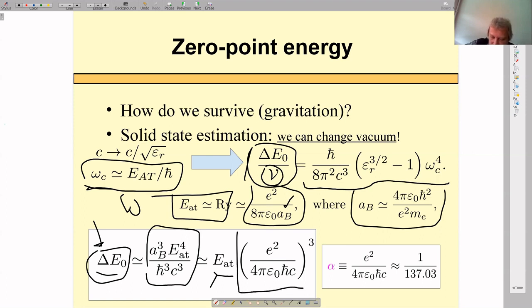There is a factor between these two. So zero-point energy is much smaller than atomic energy. And there is a strange combination of elementary constants to the power 3. This is the first time in our course we see the celebrated fine structure constant, which has a very profound name, alpha.